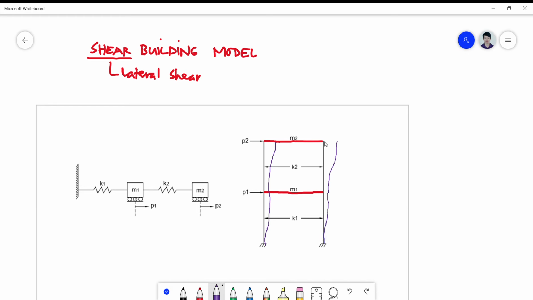Okay, so this is now your lateral drift or displacement. Assuming this is rigid beams. Okay, these beams here are rigid, and these columns here are flexible.